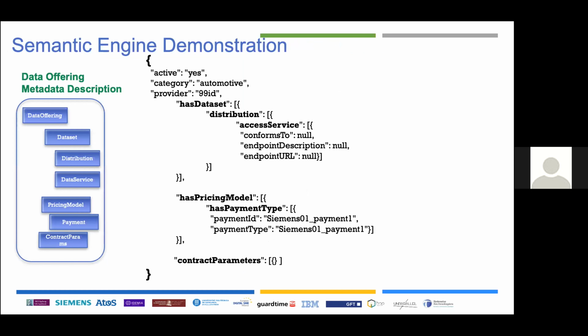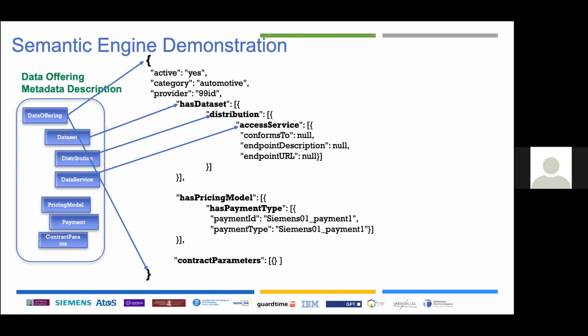Here is some of the metadata information or the template that the Semantic Engine provides to register an offering. We have a data offering, within which we have the data set, and within the data set we have distribution, and then we have access service.